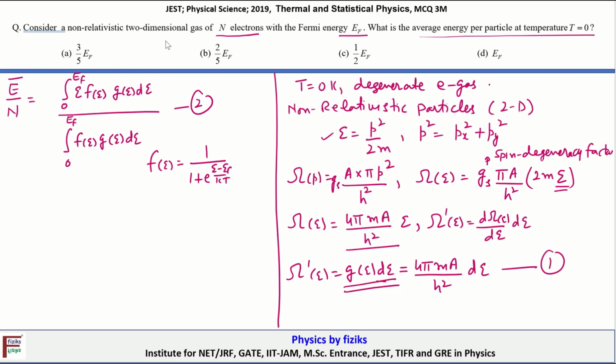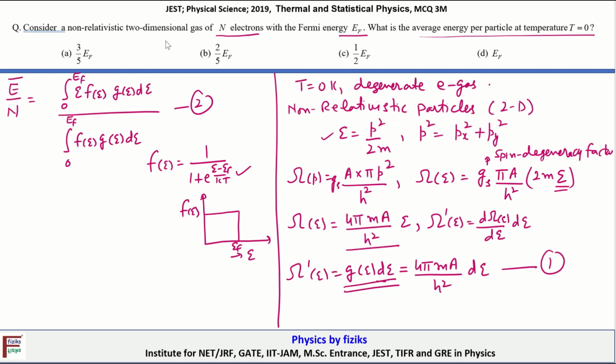Now this function has a special property at absolute zero. If we plot the probability distribution function f(E) as a function of energy, at absolute zero it looks like a step function. At E equal to E_F, substituting gives e to the power 0 by kT, so f(E) becomes 1 by 2.